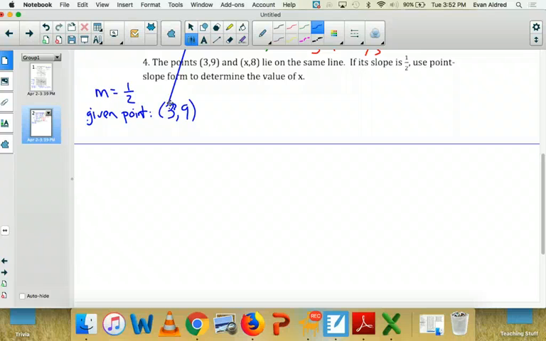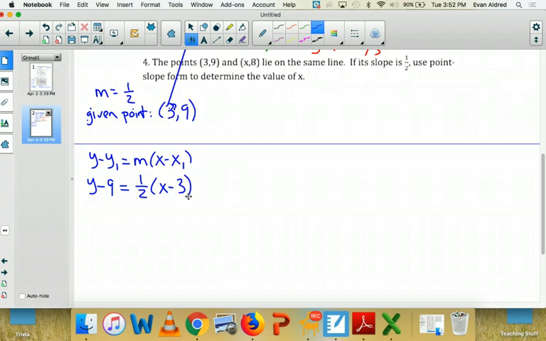So we're going to put it in our equation y minus y1 equals m times (x minus x1), and we're just going to sub in what we know. We know our y1 value is 9, we know our slope is 1/2, and we know our x1 value is 3. Those come from the known point.